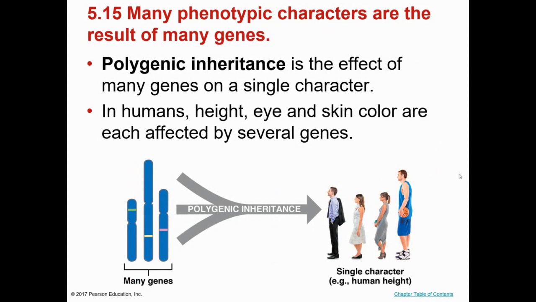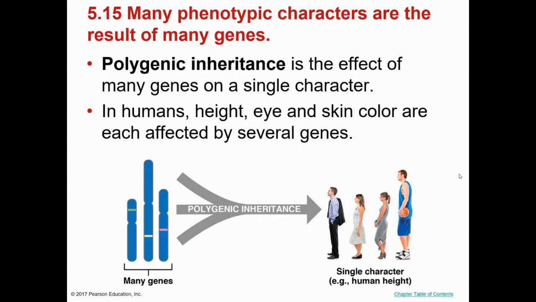We also have this idea of polygenic inheritance, and this is kind of the opposite of what we just talked about. There can be many genes that impact one thing, and those many genes impacting the one characteristic gives us a range of that characteristic.